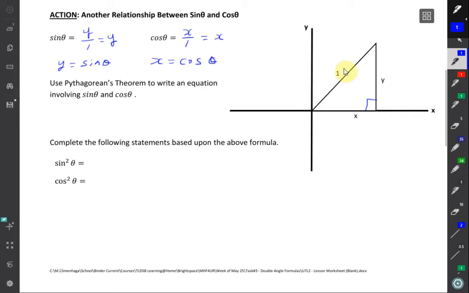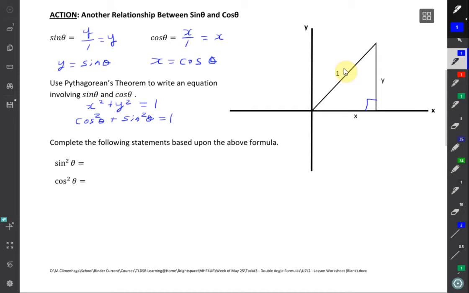Thinking of Pythagorean's theorem, we could look at this triangle and write x squared plus y squared equals 1 squared, which is 1. Now what we'll do is replace the x and the y with the trig ratios. Cos of theta squared plus sine of theta squared equals 1. So that's another useful identity for us that allows us to simplify a number of expressions where we can get them to equal simply 1.